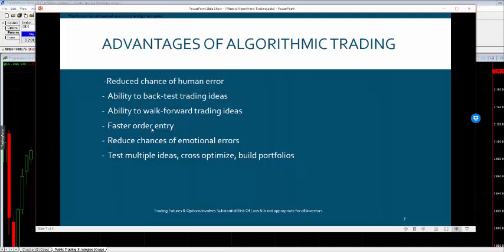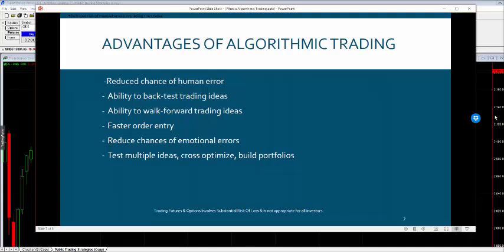Algorithmic trading gives you faster order entry because once the trade is entered, it automatically gets sent to the broker. There's a reduced chance of emotional error. This is probably the biggest one for me because when a technical trader trades, they always have to battle their emotions.